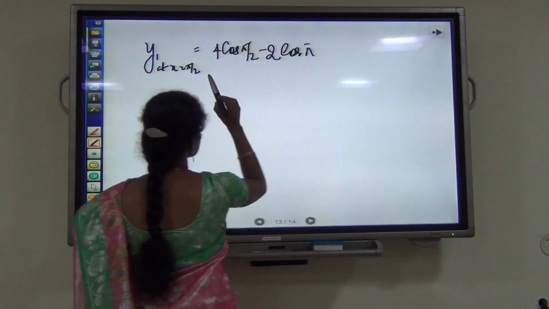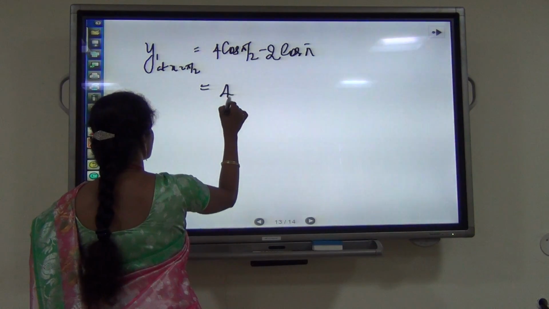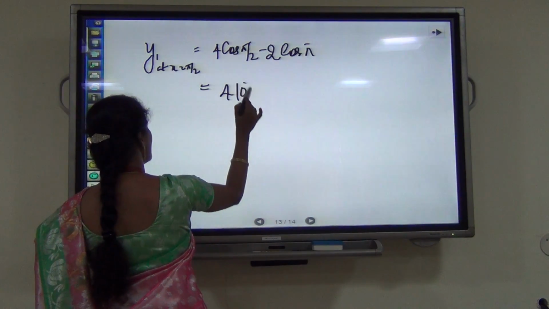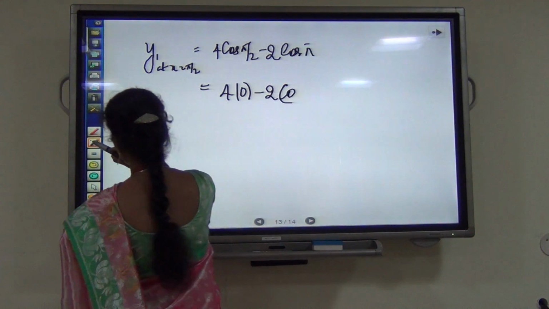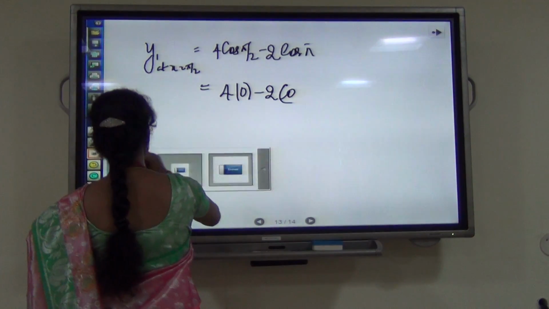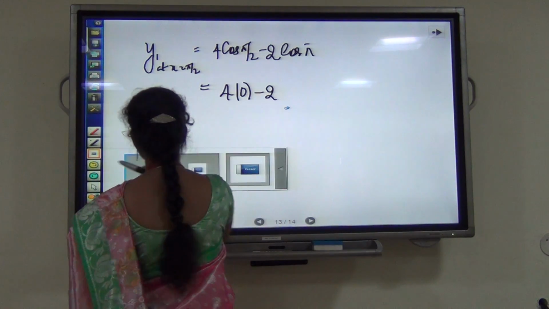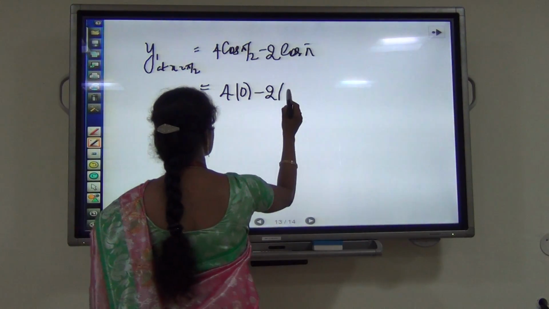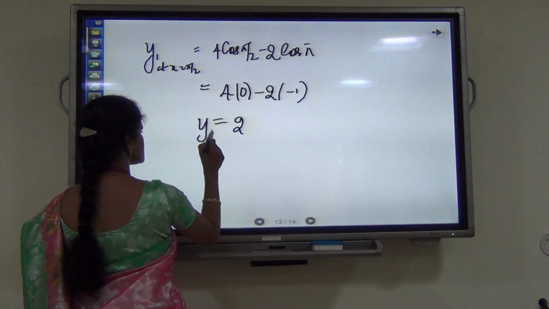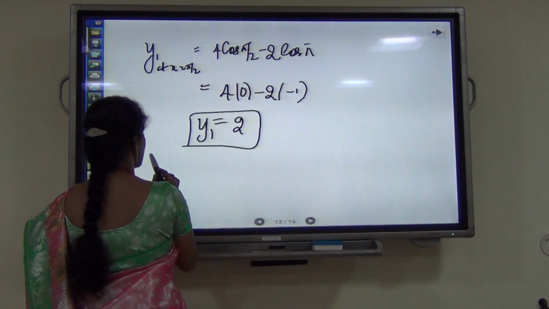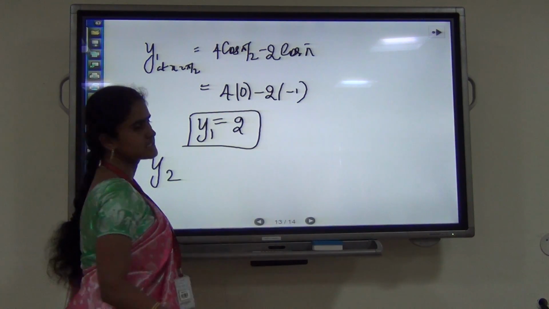The 2 gets cancelled, so it's cos pi. So 4 cos pi by 2 is 0, minus 2 cos pi, where cos pi is minus 1, so we have plus 2. y1 is plus 2.